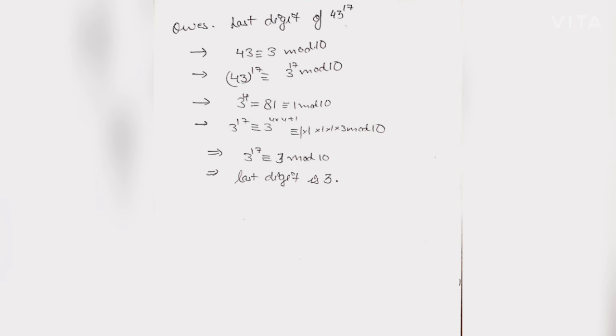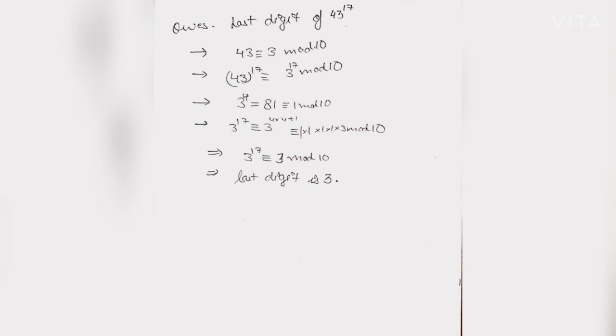For example, the last digit of 16 is 6, and the remainder also when it is divided by 10 is 6. So we just have to find the remainder in this case.